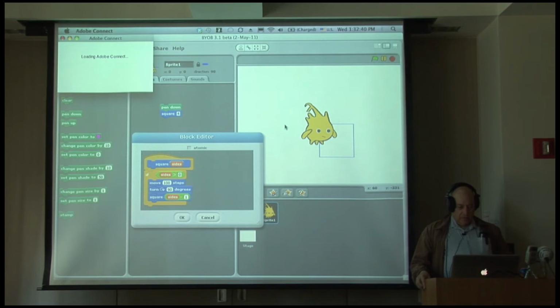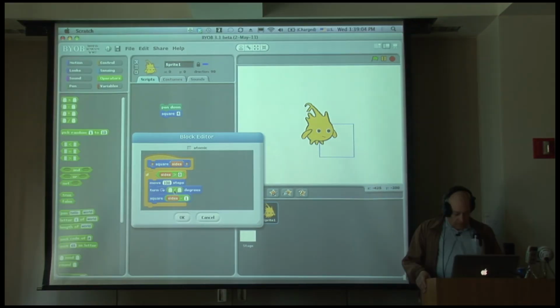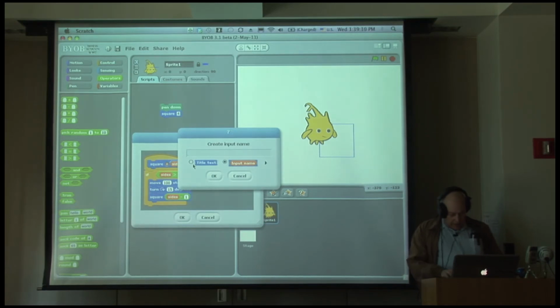All right. So then you might want to change the name of the square. So people here in the room, for those of you out in TV land, are complaining that I really should have done this. Instead of turn 90 degrees, I should have another input called angle.